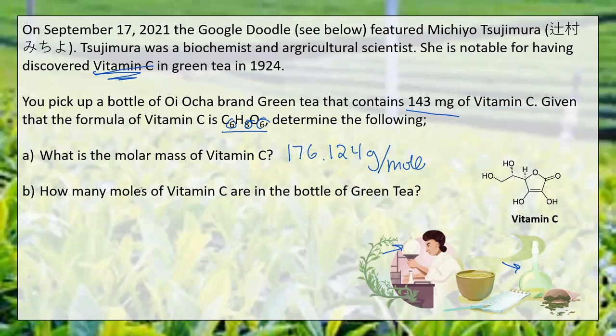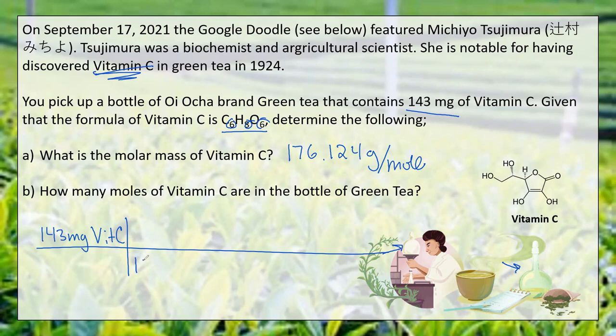So in our single bottle of tea, I'm going to draw my line, 143 milligrams, I'm just going to write vit C. And then I know that 1,000 milligrams is 1 gram, right? And I know that 176.124 grams of vitamin C make up 1 mole of vitamin C. I know that because I just did it.